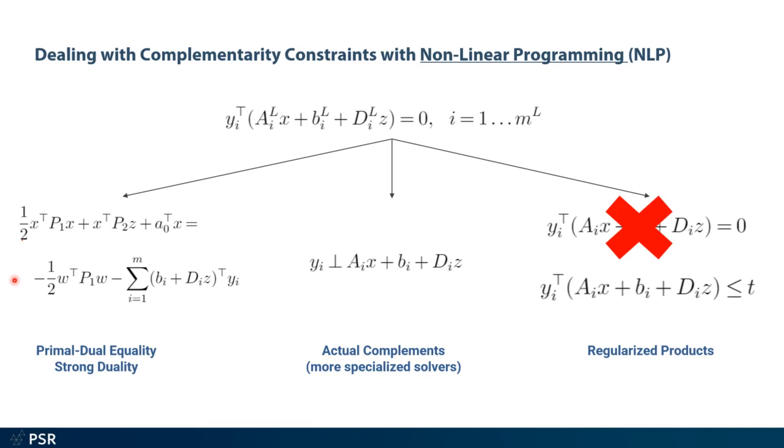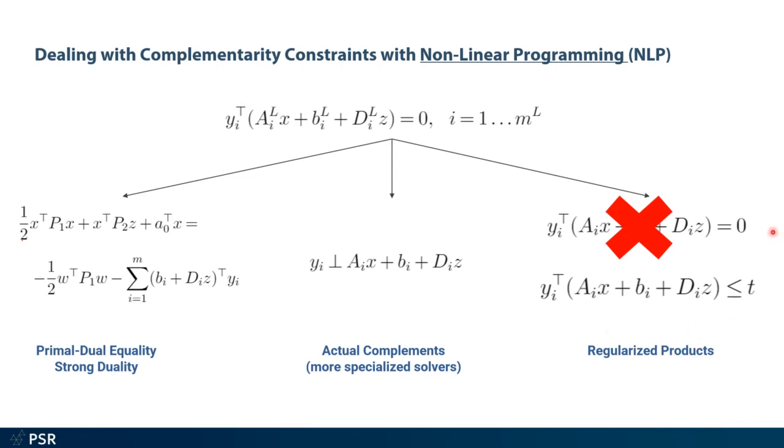And that's why we also say that this is the strong duality reformulation. A second option is to pass these constraints as complements itself, which some nonlinear programming solvers accept as information and will automatically do some reformulations on their own.